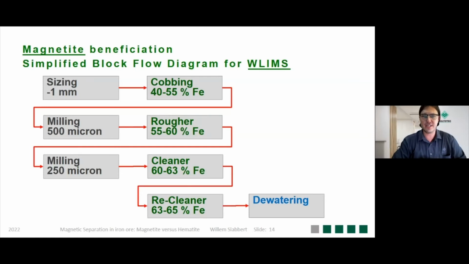We then go on to a simplified block flow diagram for magnetite beneficiation using a wet, low-intensity drum magnetic separator. Our cobbing stage would increase our grades from 40 to 55, followed by some further milling for liberation through a rougher stage, 55 to 60, and ultimately to reach a saleable grade of 65%, we would need 4 stages of low-intensity magnetic separator.